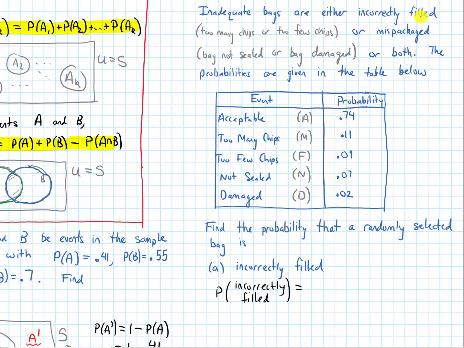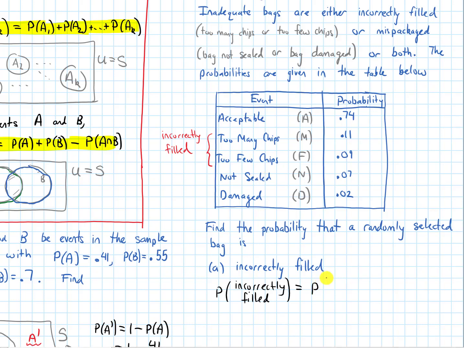And incorrectly filled could either mean there's too many chips or too few chips. So those collectively are these two categories. These correspond to where it is incorrectly filled. And moreover, these two events, too many chips and too few chips, are disjoint.